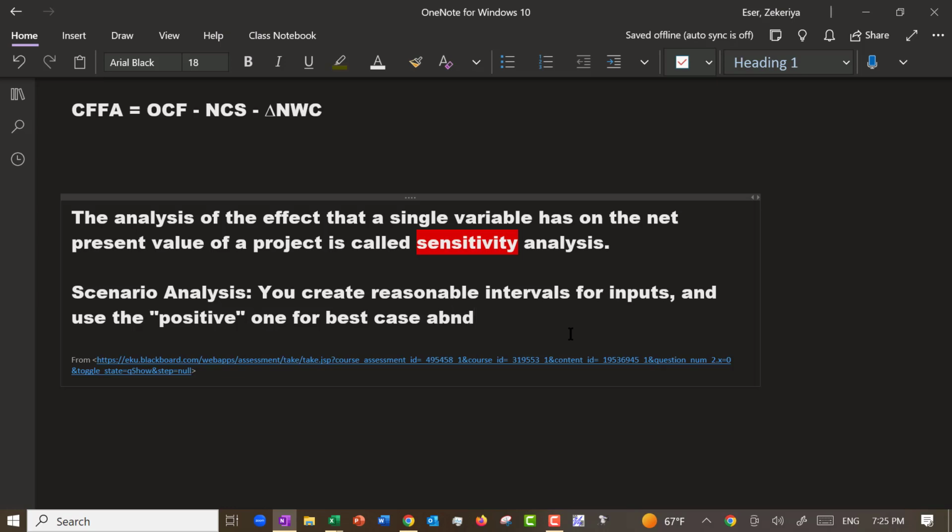If a project is profitable, even in worst case, you know, you have a lot more confidence in that project.